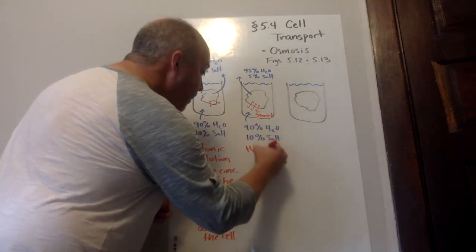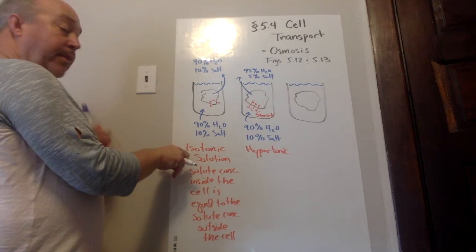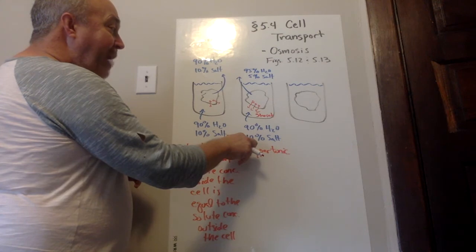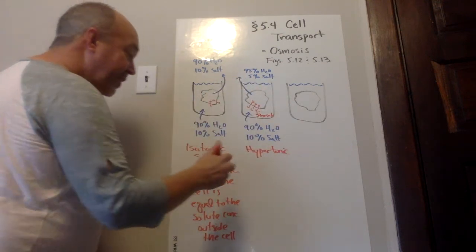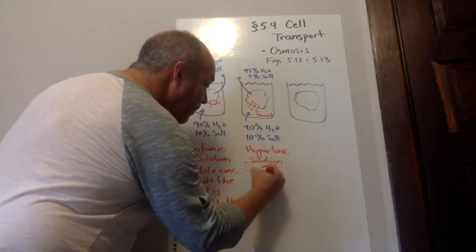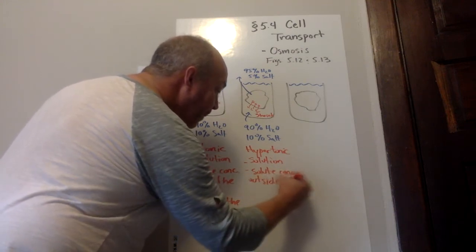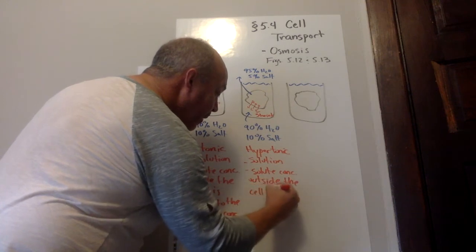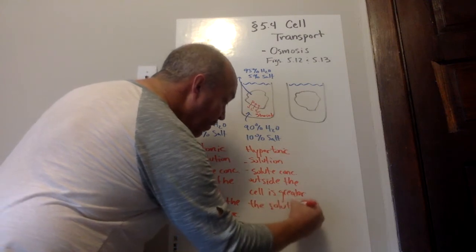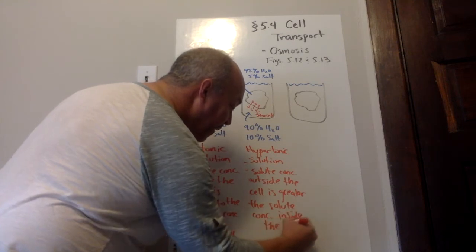So this is hypertonic. Isotonic means equal, hyper means larger. The solute concentration outside is greater than the solute concentration inside. So in a hypertonic solution, the solute concentration outside the cell is greater than the solute concentration inside the cell.